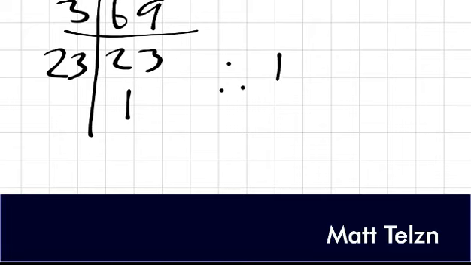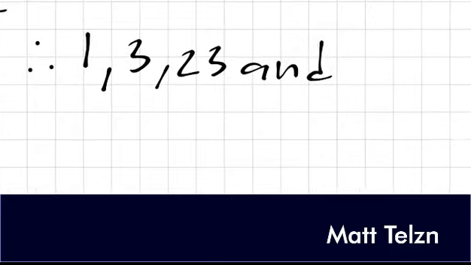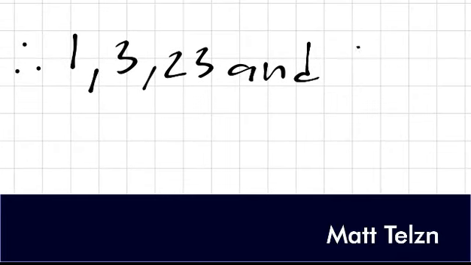You will have 1, 3, 23, and 69 itself. Okay, these are the factors of 69.